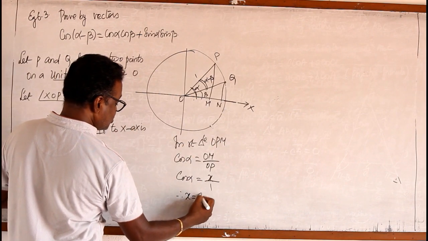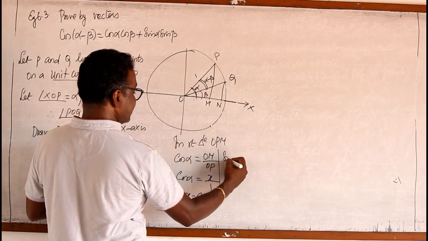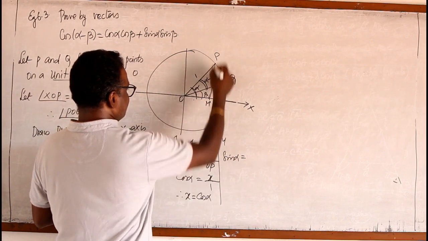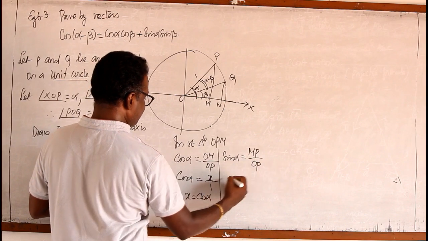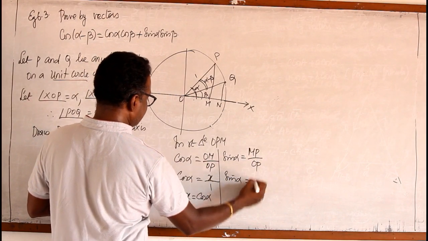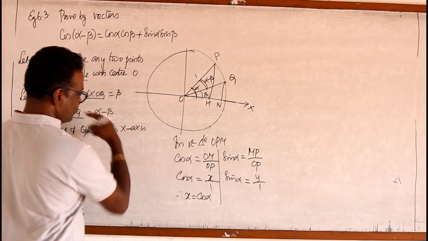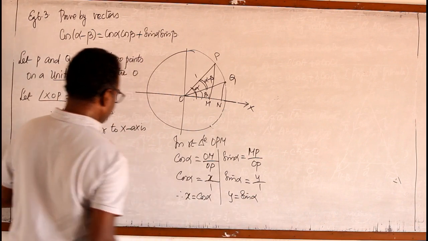Therefore, x equals cos alpha. Similarly, sin alpha will be opposite side by hypotenuse. Opposite side is MP along the y-axis, so some y by 1 because of the unit circle. So y equals sin alpha.